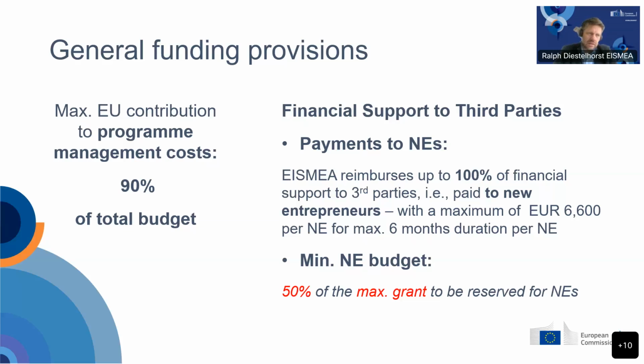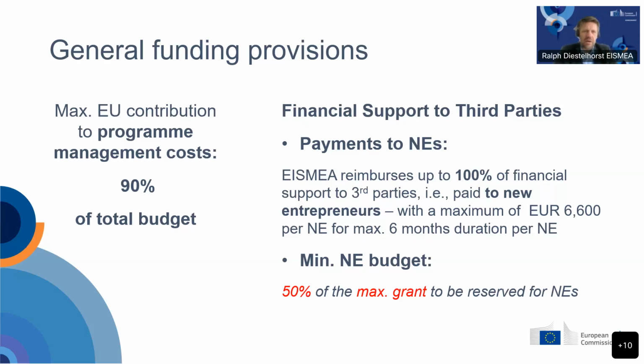So when you start implementing a project, you can count that the costs that are eligible, and we come to that later, those costs will be covered by the EU's budget by 90% for everything that concerns personnel, travel, other direct costs, etc. So, in fact, everything that is not reserved for the new entrepreneurs will be covered by 90%.